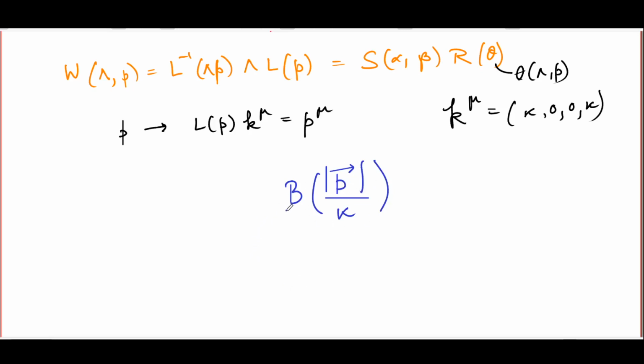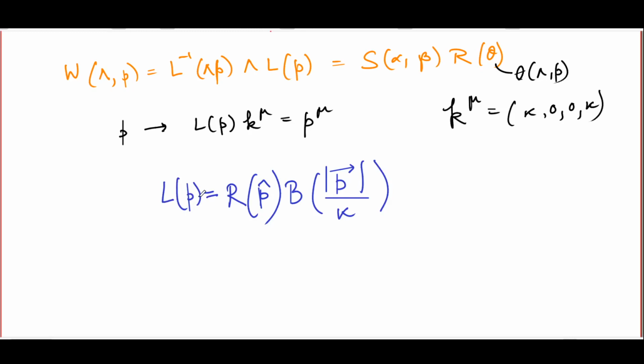And after we do that, in the new frame, what we will have is a particle whose momentum is of the correct magnitude, but it's along the z-axis. So we need to now carry out a rotation which takes the z-axis into the direction of the final 3 momentum. And this is all that you need to do. This is not the only possible Lorentz transformation that's going to do the job for you, but this is the one we are going to take as the standard Lorentz transformation for the job.